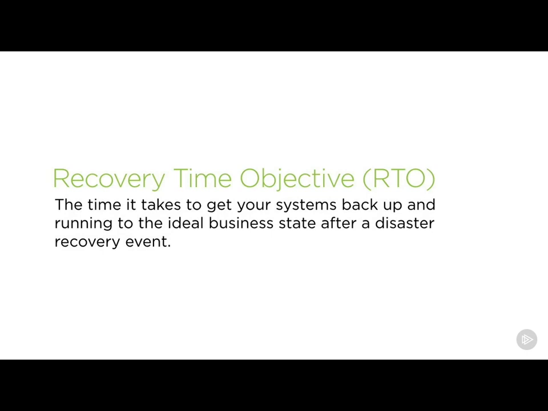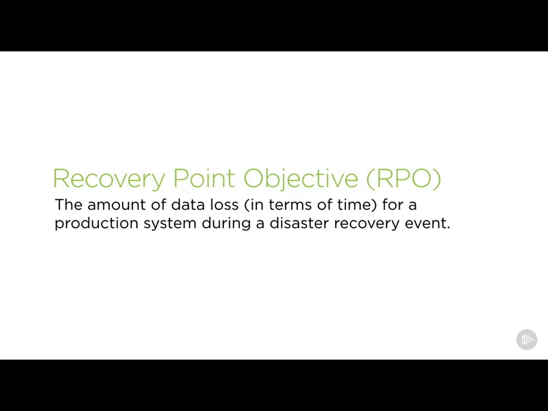But we also have another term, and that is Recovery Point Objective, or RPO. This means the amount of data loss, in this case specified in terms of time, for a production system during a disaster recovery event. So what this means is, let's say we have our production system that's tracking our orders for our company. We might say that our recovery point objective is an hour.